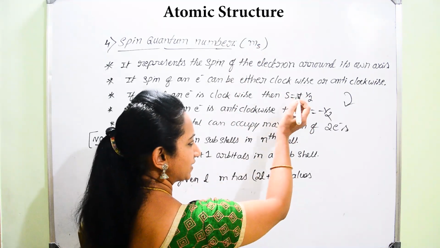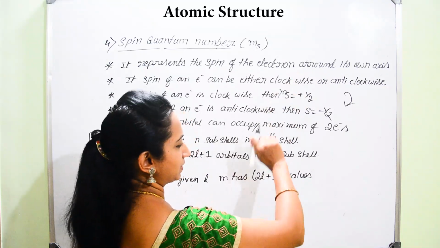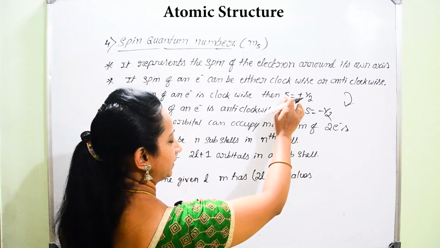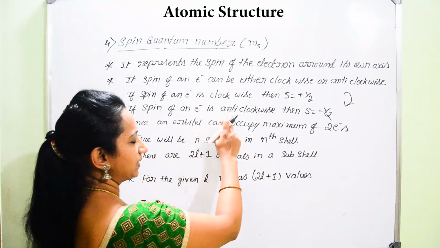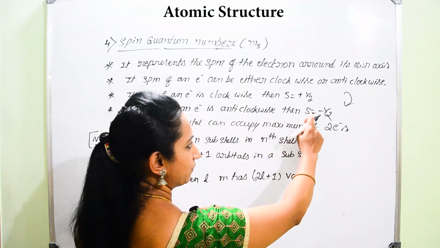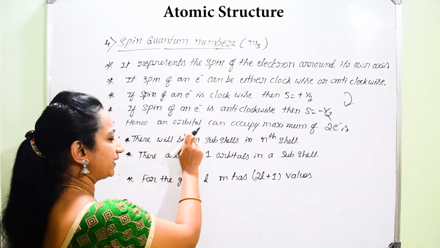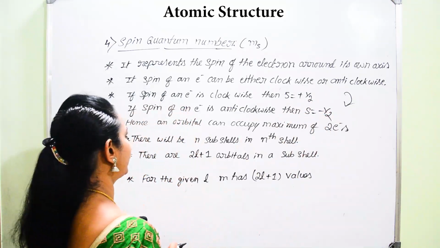Either you can represent it as small s or as m suffix s. So you can write it in either way. Once s is equal to plus half, then if the spin of an electron is in anti-clockwise direction, then that ms value or s value is equal to minus half. Therefore, an electron will have either plus half or minus half value.